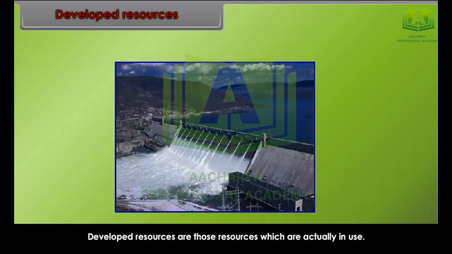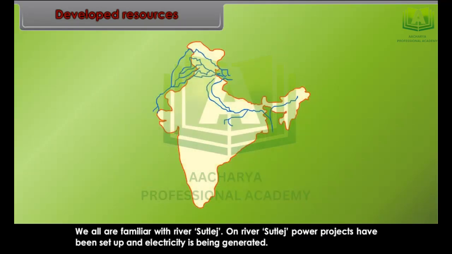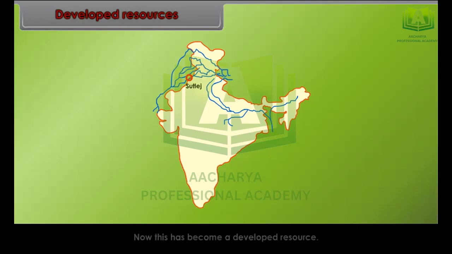Developed resources are those resources which are actually in use. Now, let us take an example. We all are familiar with River Sutlej. On River Sutlej, power projects have been set up and electricity is being generated. Now, this has become a developed resource.